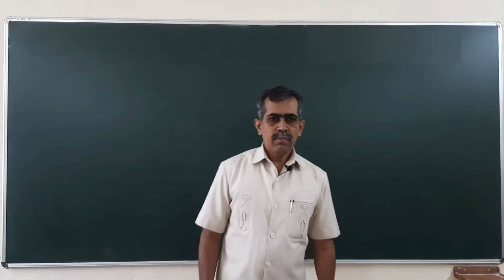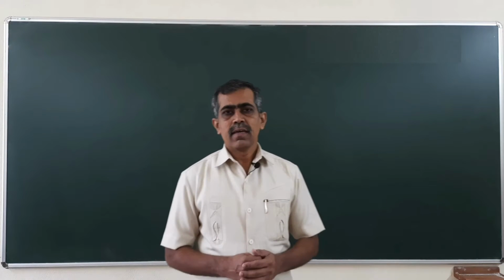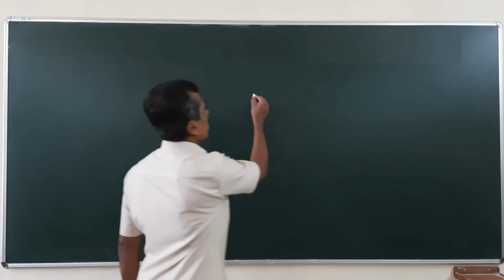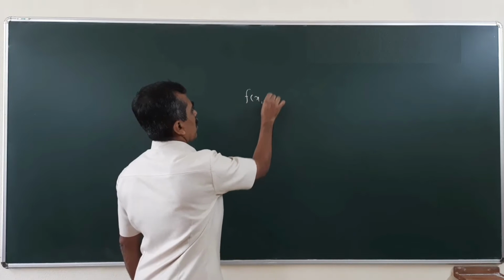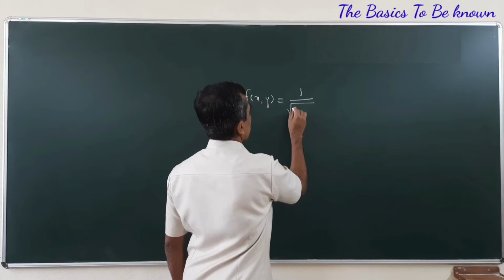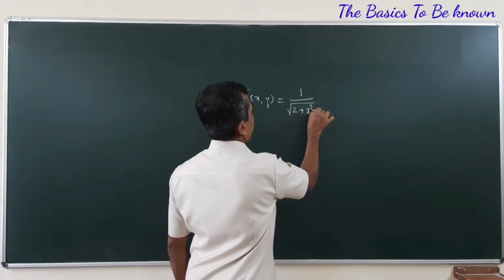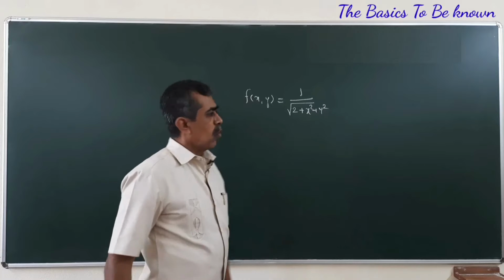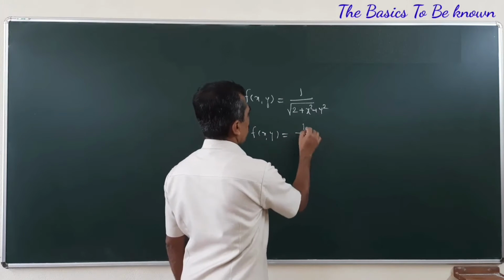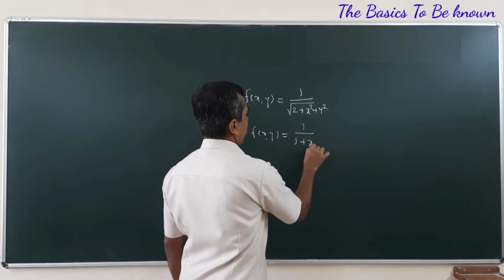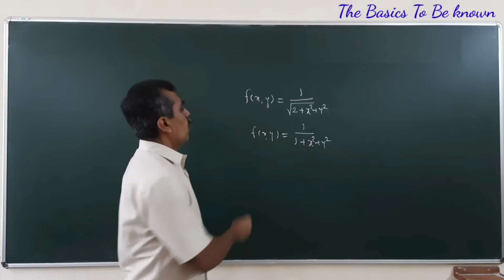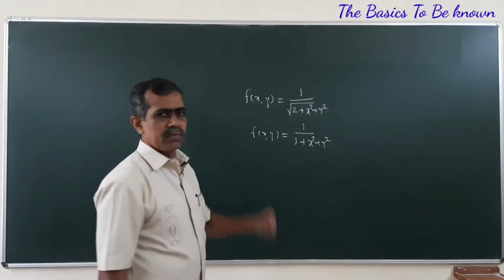Now see, if a given function is complicated, for example, suppose you are given a function like f(x,y) = 1 upon under root 2 plus x square plus y square, or suppose f(x,y) = 1 upon 1 plus x square plus y square, and you want to integrate this function over any region, any domain.